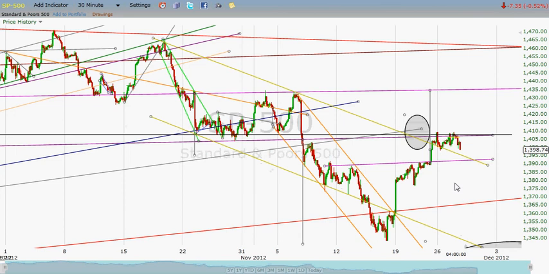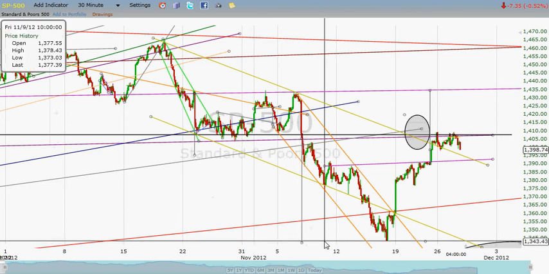And one of the things we have to consider when asking ourselves that question is, did the larger head and shoulders top fulfill its minimum target? So if we measure that minimum target, and I'm being a little conservative here, and then we take it to the spot where it broke down, the answer would be it just barely missed.